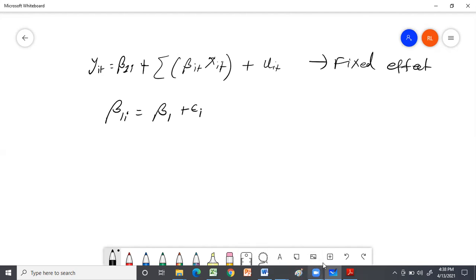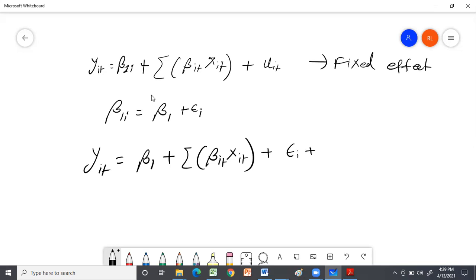EI is the error term for every entity, and beta 1 is the intercept, which would be replaced in the random effect model like this: beta 1 plus UIT.